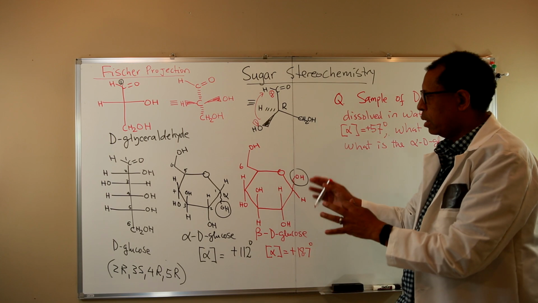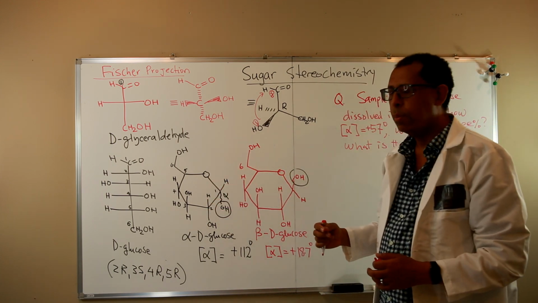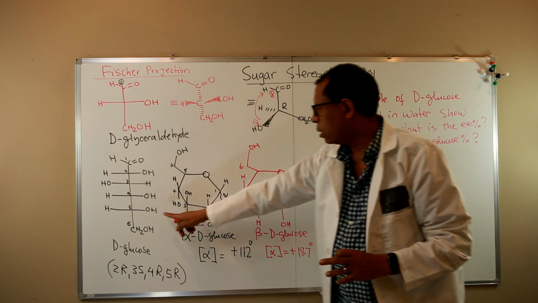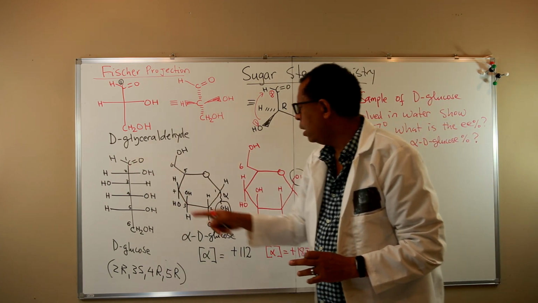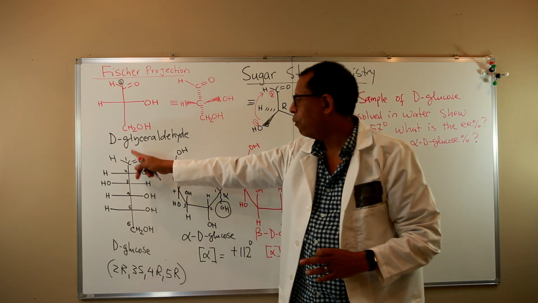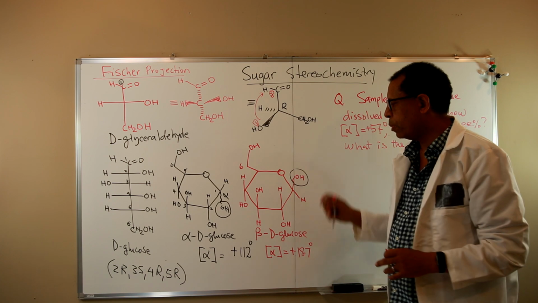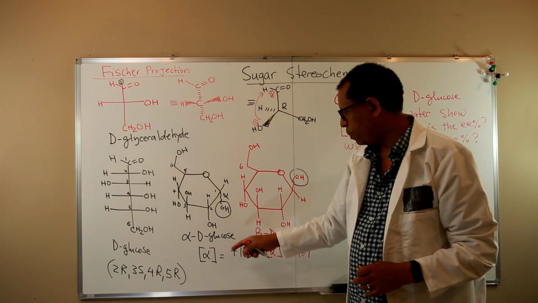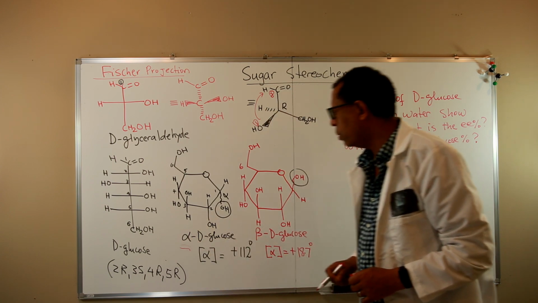As I said, most glucose is actually in a cyclic form, but when this makes a bond with this carbon, the OH that is formed will be either down or up. When it's down, it's called alpha D-glucose.